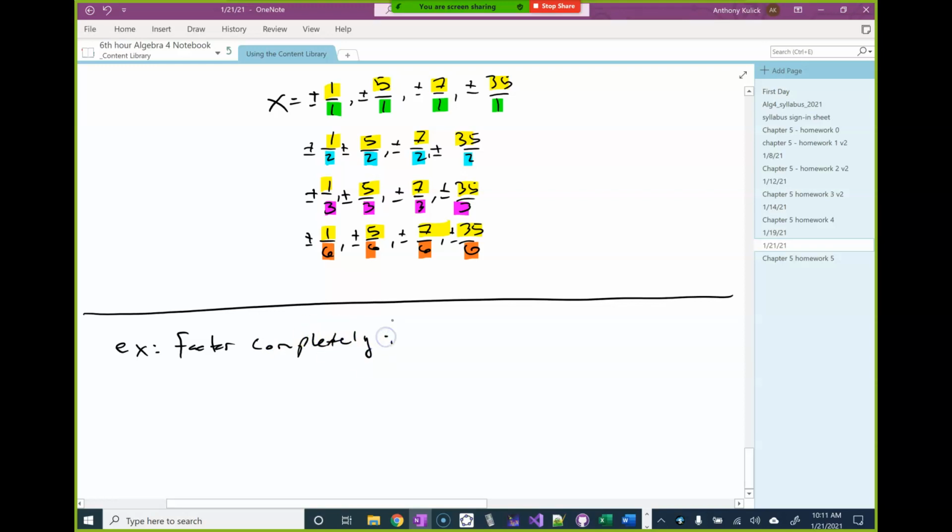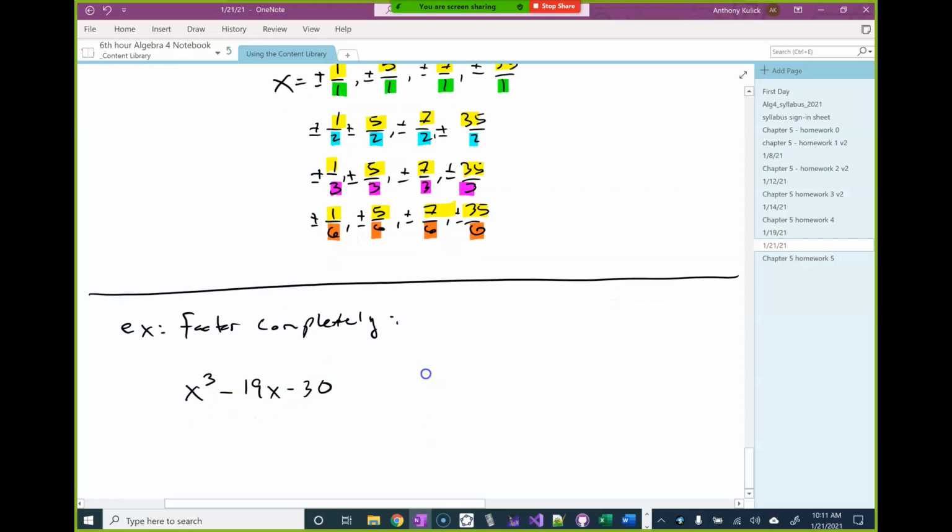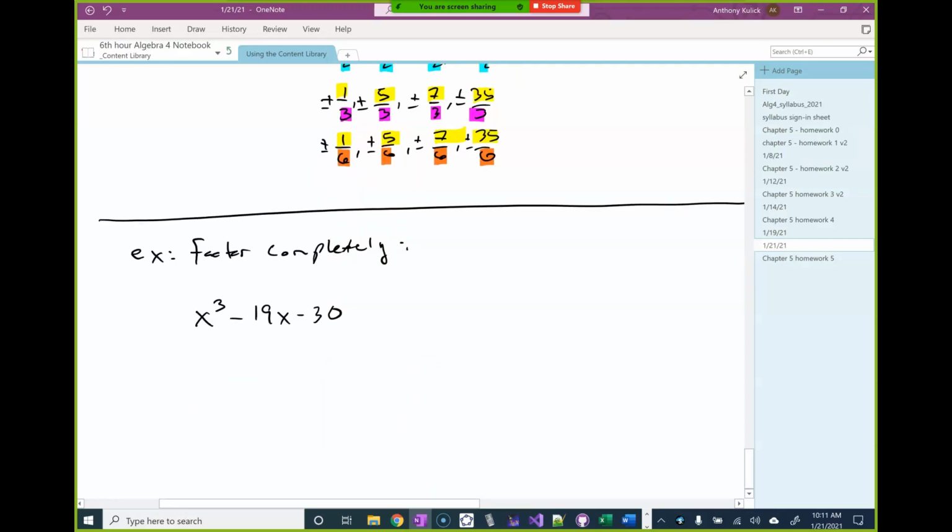From the rational roots theorem, I know my constant term is negative 30, and the factors of 30 are 1, 2, 3, 5, 6, 10, 15, and 30. But fortunately, the leading coefficient is 1.